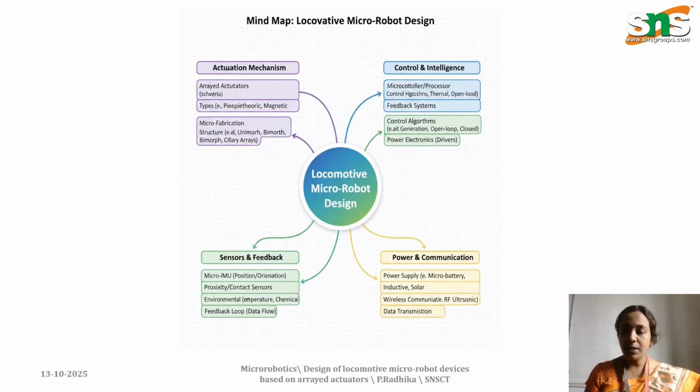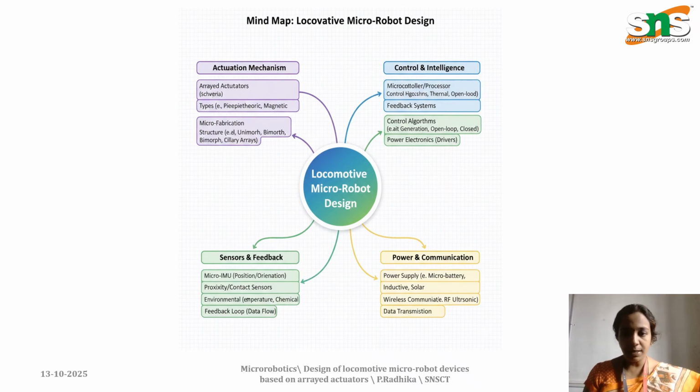So here we have the mind map of this topic, locomotive micro robot design. For this robot design, we need sensors, feedback sensors to give the feedback. We need actuators.